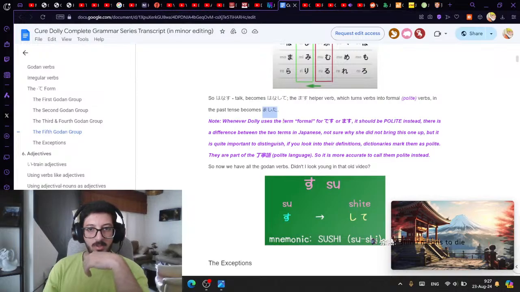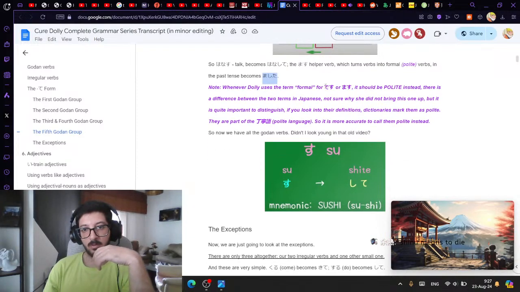Whenever Dolly uses the term formal for desu or masu, it should be polite instead. There is a difference between the two terms in Japanese. Not sure why she did not bring this one up, but it is quite important to distinguish.